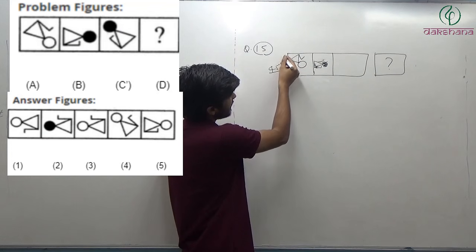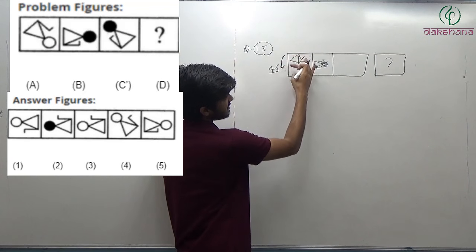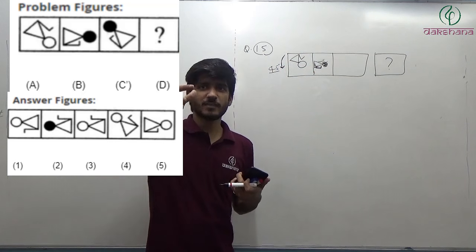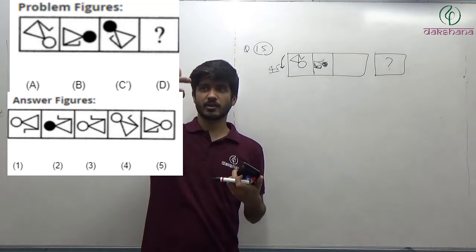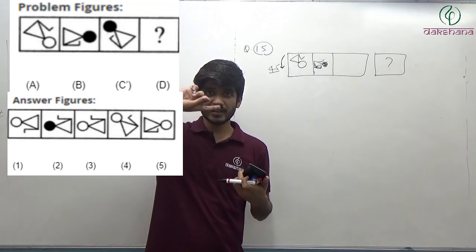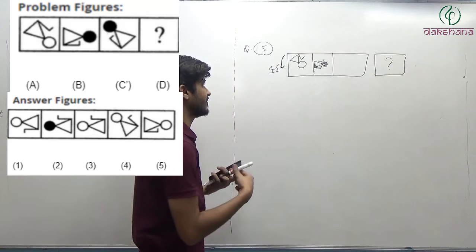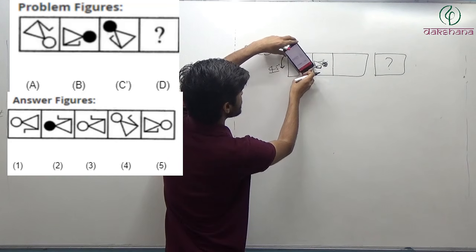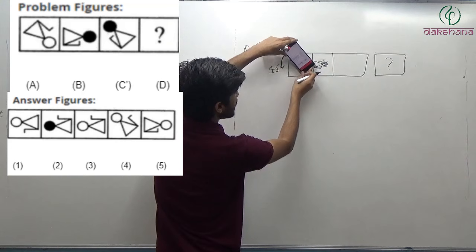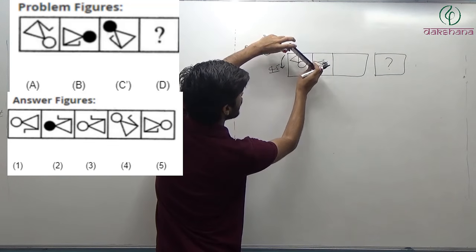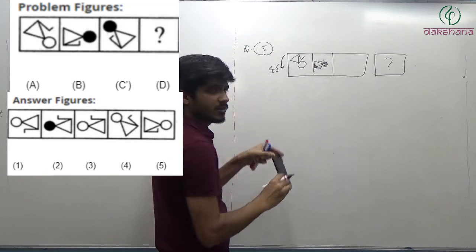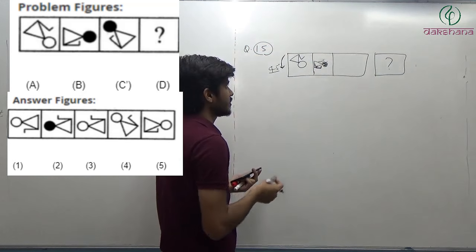If you simply rotate this by 45 degrees in this sense, this one will not come here. It means it has been rotated first by 180 degrees out of the plane, and then moved by 45. If you have the phone like this, I am not bringing it like this. You actually rotate it out of the plane, and then bring it. So that is also one change that you are making.